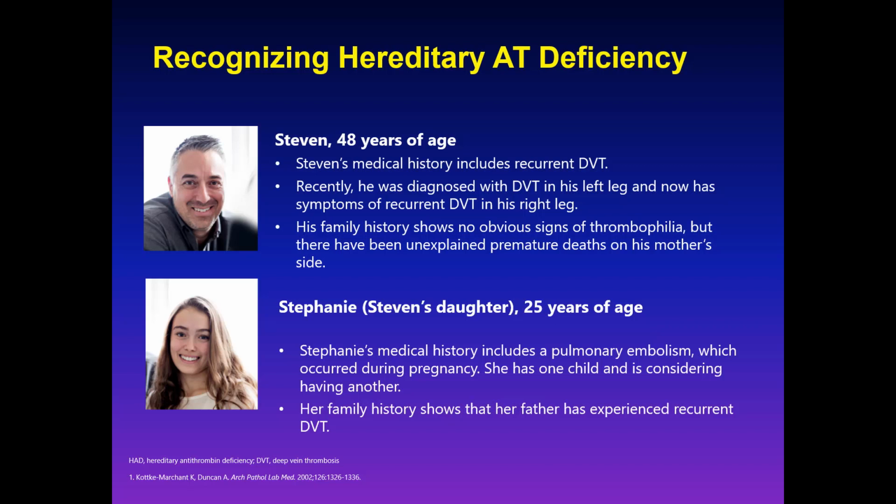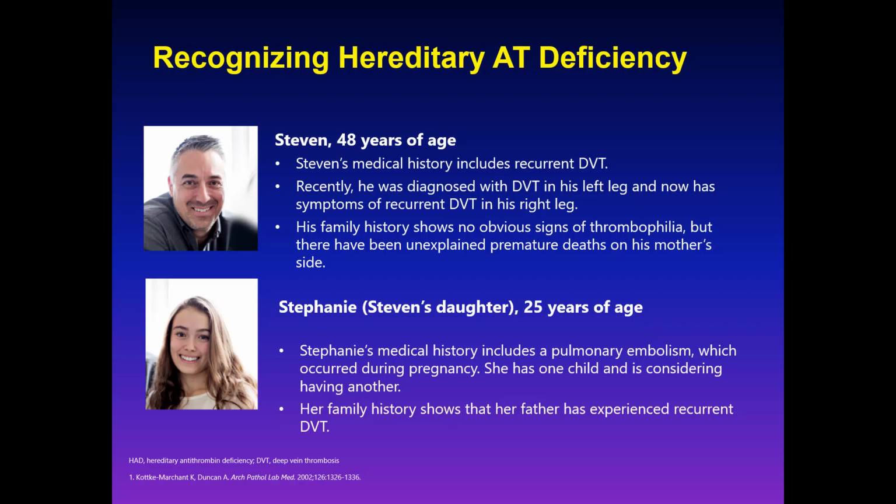And then subsequently, his daughter has a history of a pulmonary embolism, which occurred during pregnancy. So that type of family history should really put up a red flag that there may be an inherited thrombophilia.